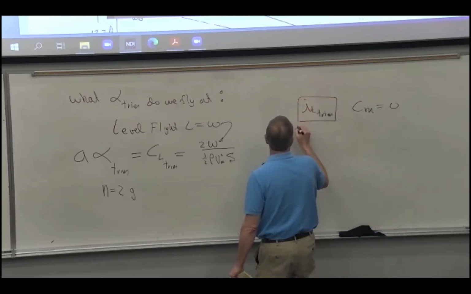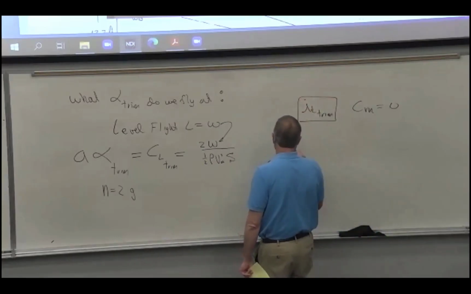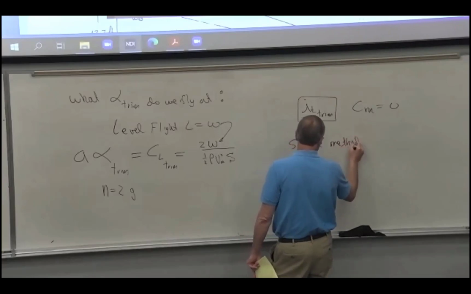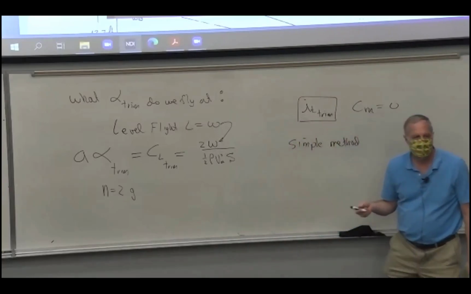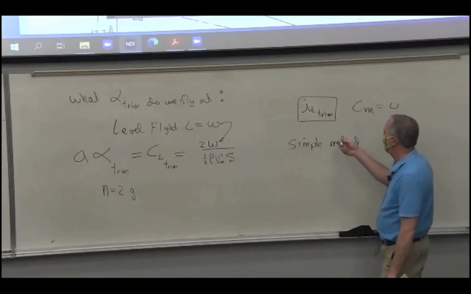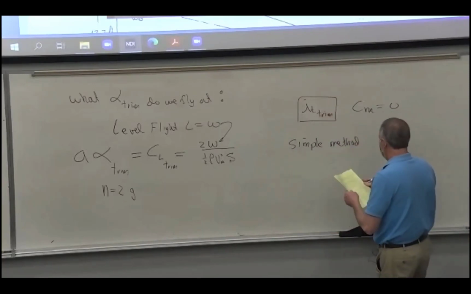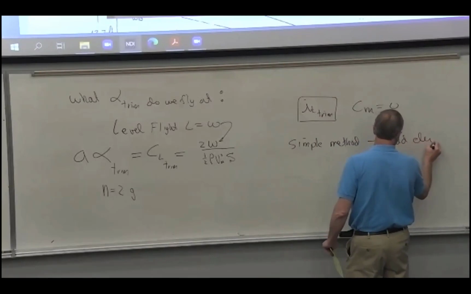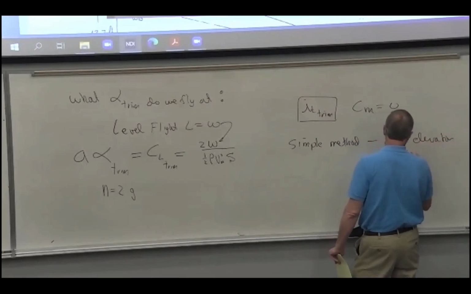Alpha IT trim is effective, but a simpler method, both structurally and mechanically, and just getting enough power but not overdoing it, is to add an elevator to the horizontal tail or the canard.